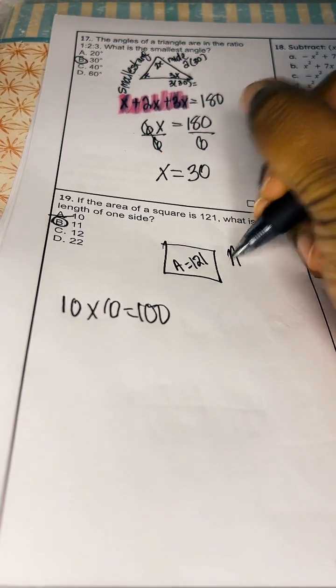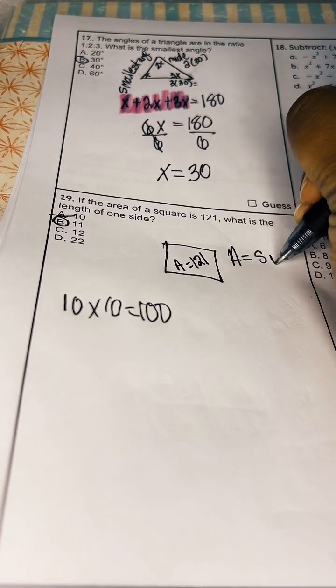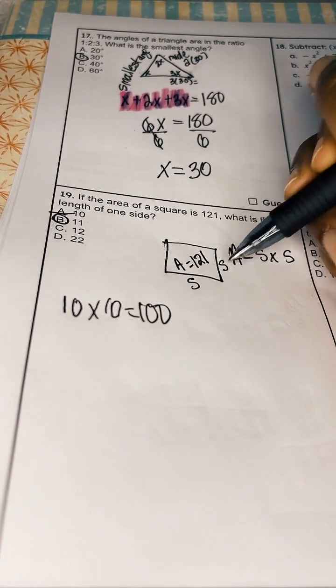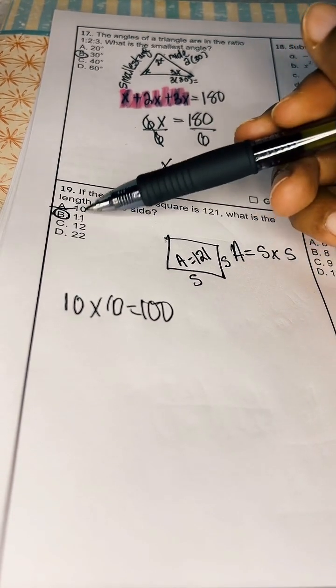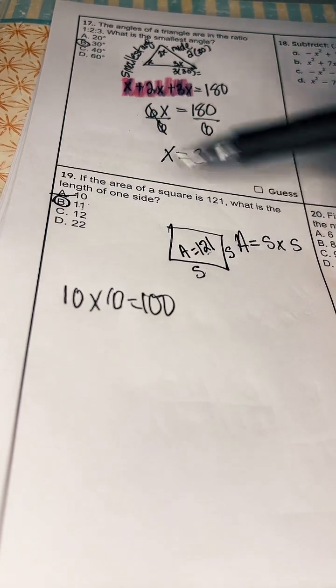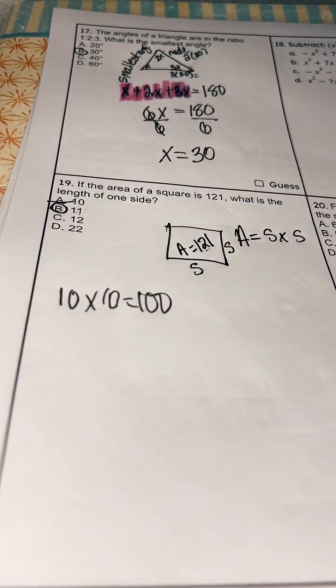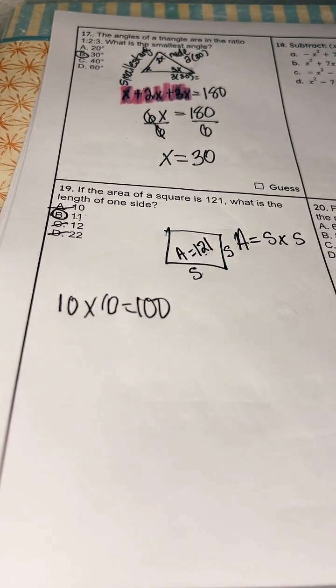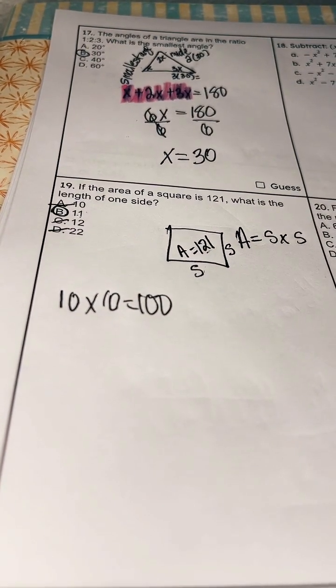Because remember, area is side times side, because it's the same side. So 11 times 11 is what gets us 121. And that's why 11 works, and nothing else does. So good. All right, perfect.